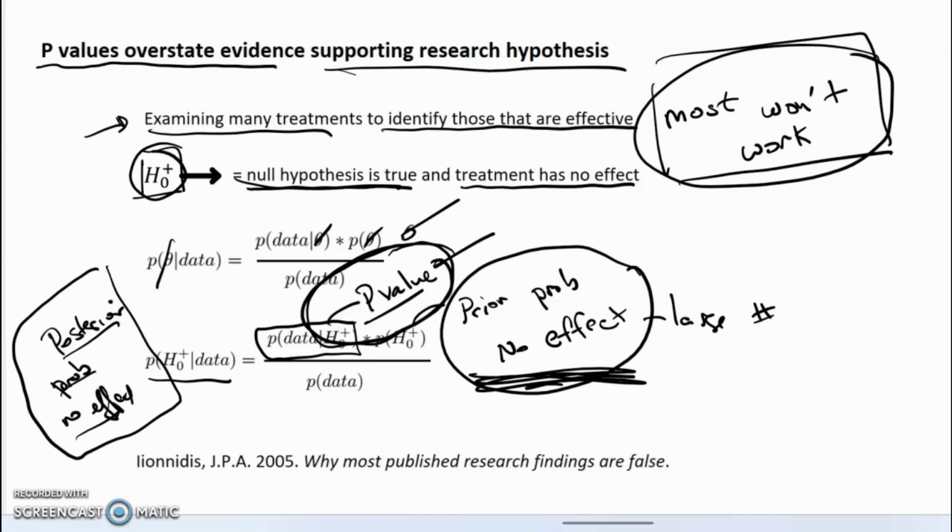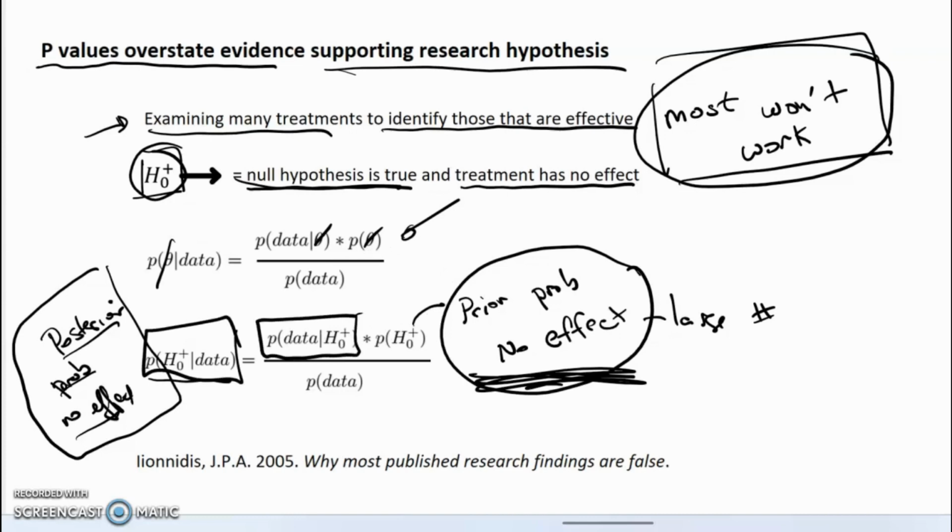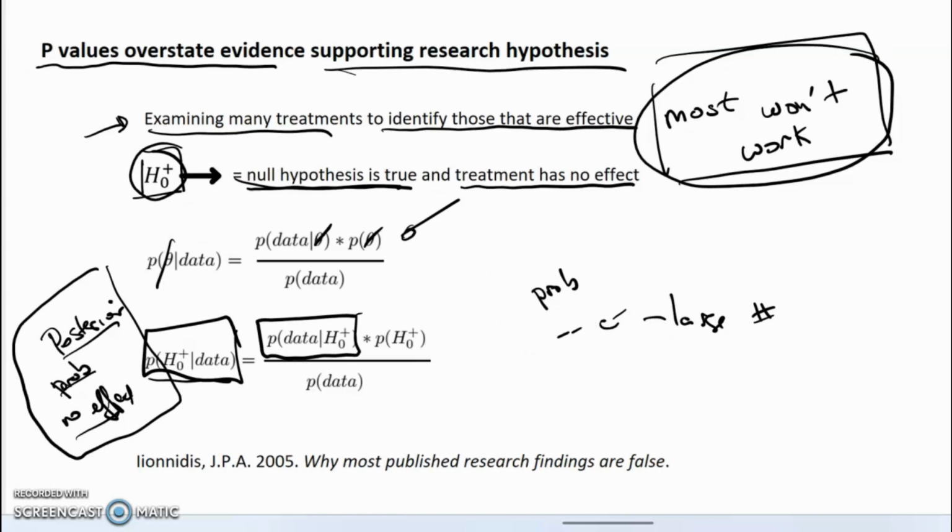So by relying on this thing as opposed to this thing, in scenarios in which there's a very high probability that our treatment is not going to be effective, a small p-value may overstate our confidence that our treatment is actually working.